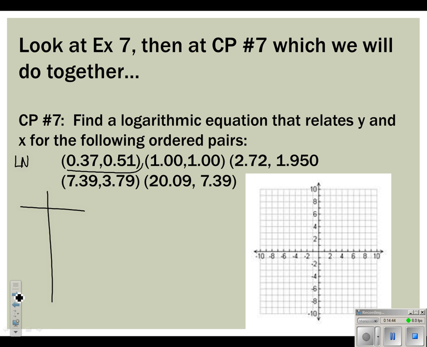So I took this one first, and I did ln of 0.37, and then I did ln of 0.5. When I did so, I got this for x, ln of 0.51 gave me this. Natural log of 1 is 0. So the second point ended up being 0, 0.